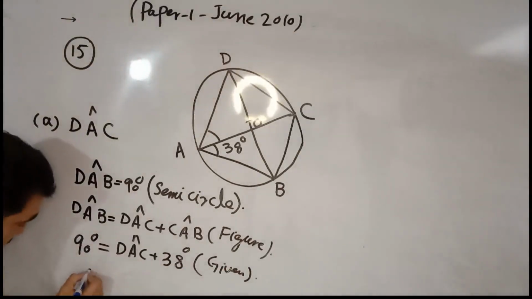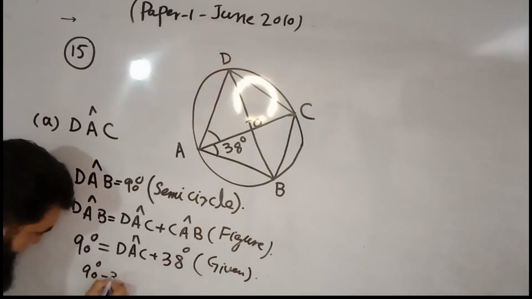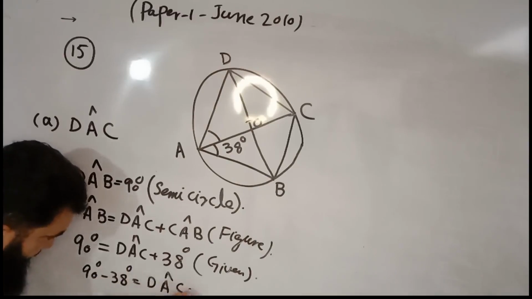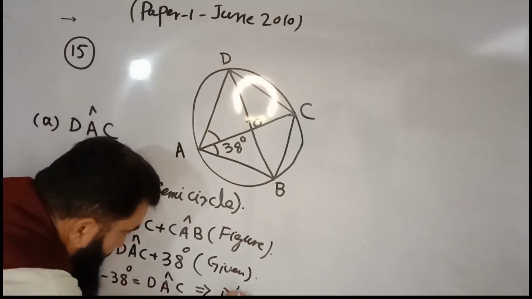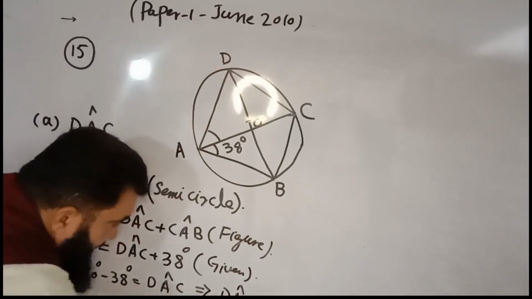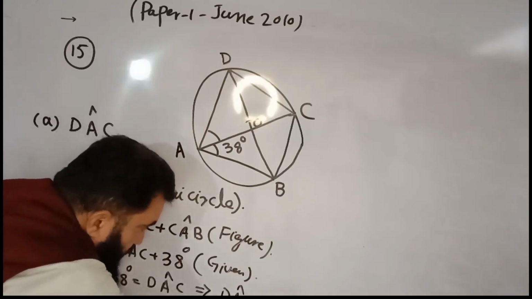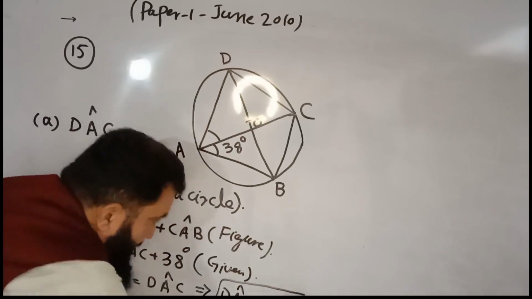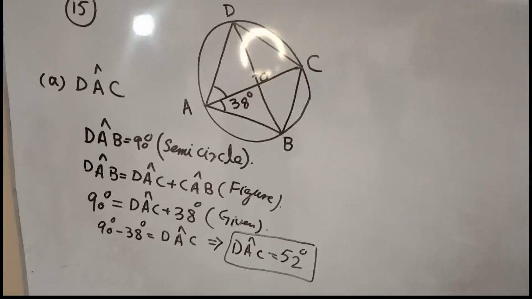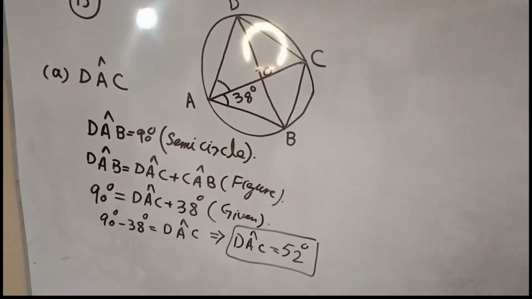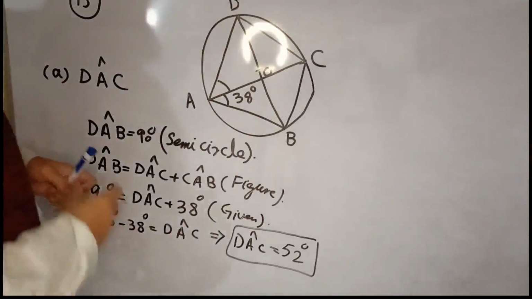Then 90 minus 38 is equal to DAC. This implies that DAC is equal to 90 minus 38, which is 52 degrees. So the part 1 answer, DAC, is 52 degrees. Clear? So we have used the different angle properties of a circle to evaluate DAC, and DAC comes out to be 52 degrees.